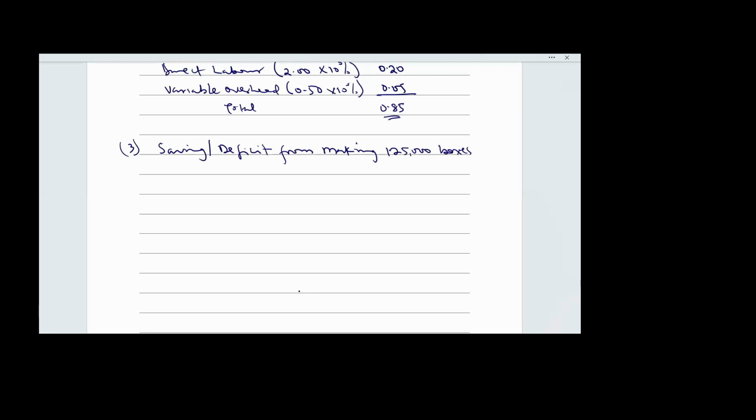Now, ordinarily, I would have done the same thing as previously by making my numbers per unit. But in this requirement number 3, examiner has told you that there's an equipment rental of 10,000 naira. Therefore, we can make our numbers absolute. If I don't want to make it absolute, I can also divide 10,000 naira by 125,000 boxes. I'm still going to get the same thing.